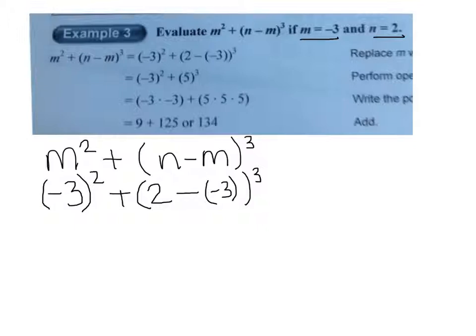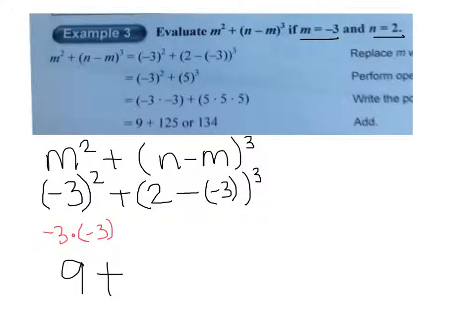-3 raised to the second power is the same as -3 times -3. And that is 9. Okay, next we're going to clear up what's inside the parentheses. Bring down my plus sign.